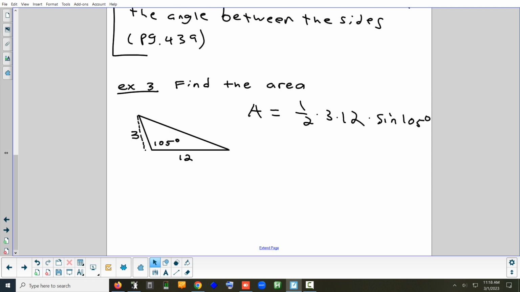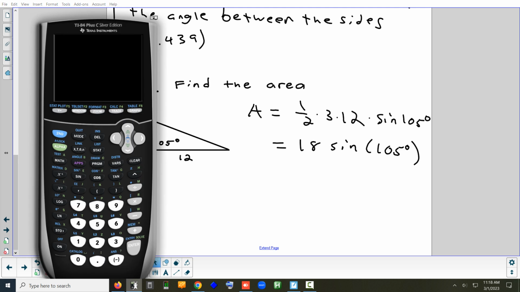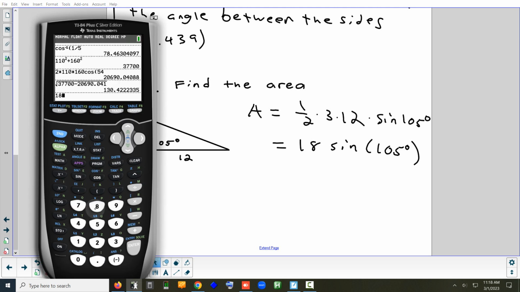Okay, let's do that. What's half of 3 times 12? 36 would be 18. So 18. And for that step, we'll need a calculator. So 18 sine 105. So the area is about 17.39, we'll just round it to 2 decimal places.